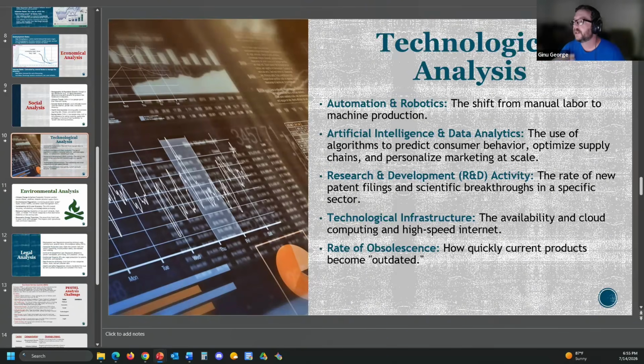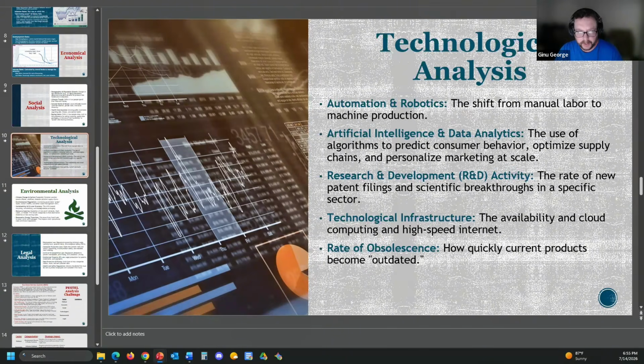Artificial intelligence, you know that better as AI, and data analytics. Companies are using algorithms to predict demand, to optimize supply chains, and to personalize marketing at scale.